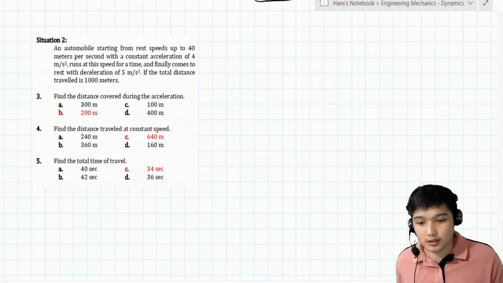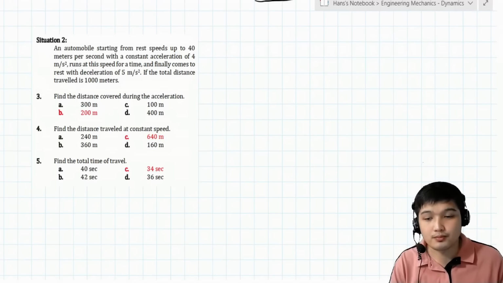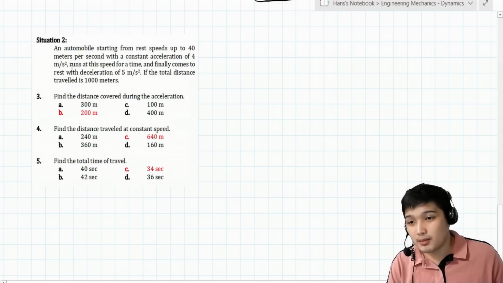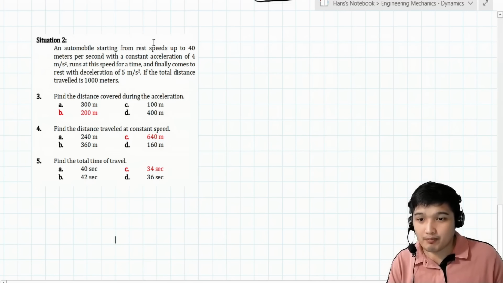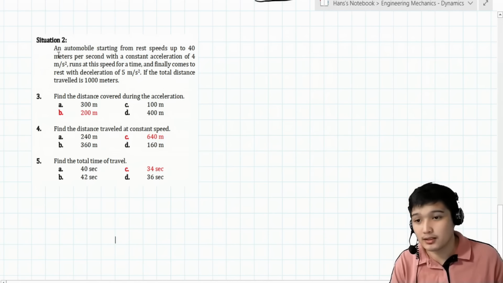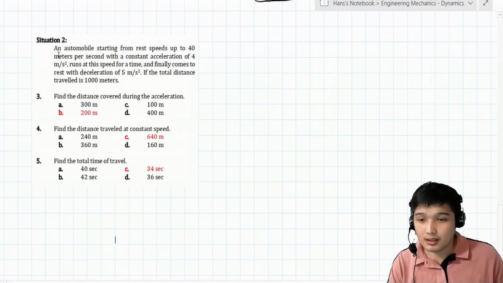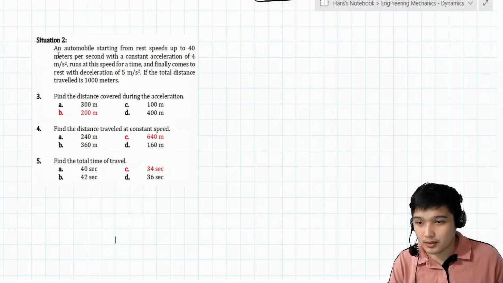Okay, so situation 2. So, sabi dito, an automobile starting from rest speeds up to 40 meters per second with a constant acceleration of 4 meters per second squared, and then runs at this speed for a time, and finally comes to rest with deceleration of 5 meters per second squared if the total distance traveled is 1,000 meters.